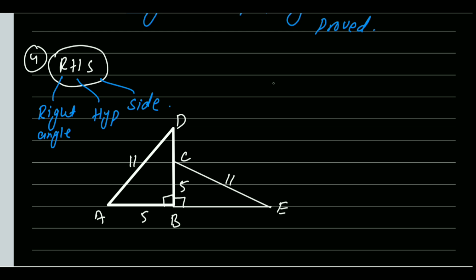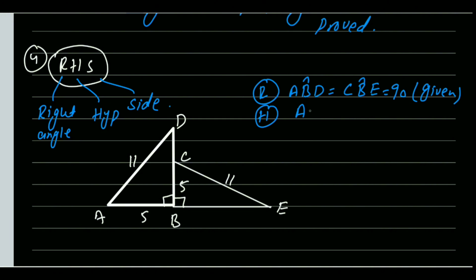First is R, right angle. We can see one angle is a right angle in both triangles. So we will write angle ABD is equal to angle CBE is equal to 90, and the reason is it is given. H, hypotenuse.